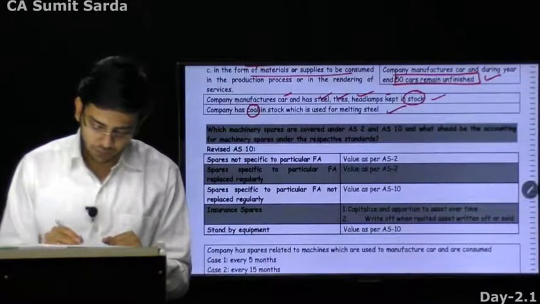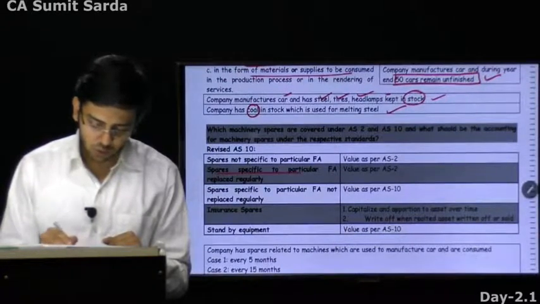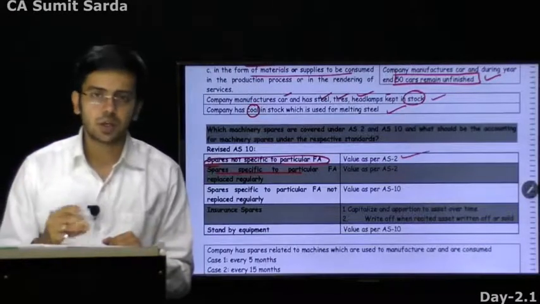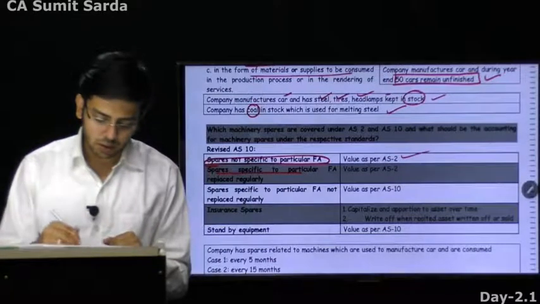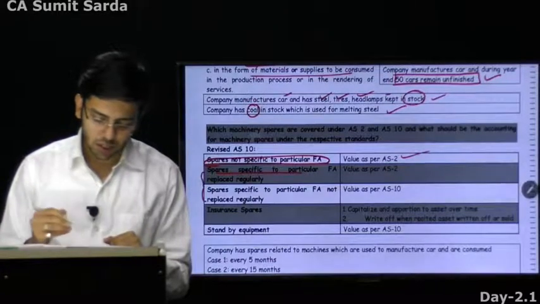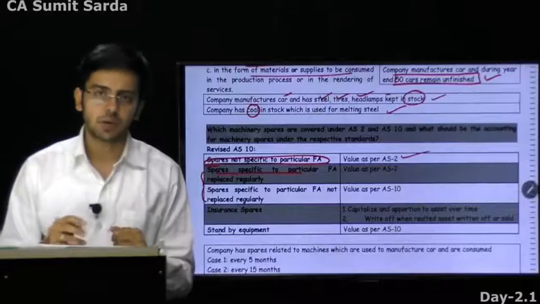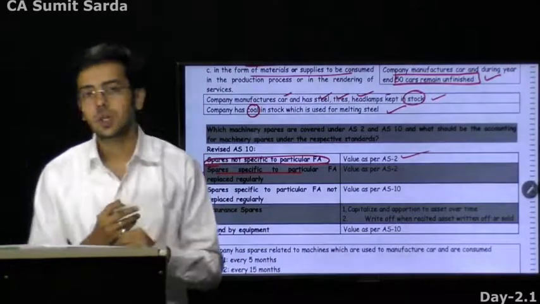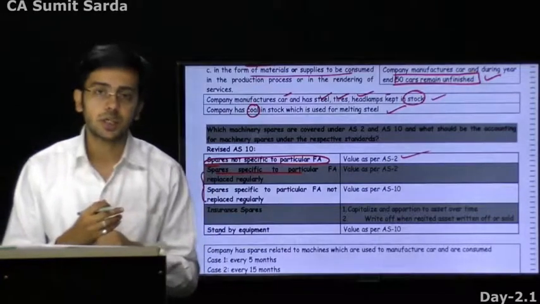Okay. Spares not specific to any particular fixed asset are classified under inventory, as we have talked about. The second, third and fourth parts, insurance and standby equipment, we are going to look back into the definition when we will be studying AS10.